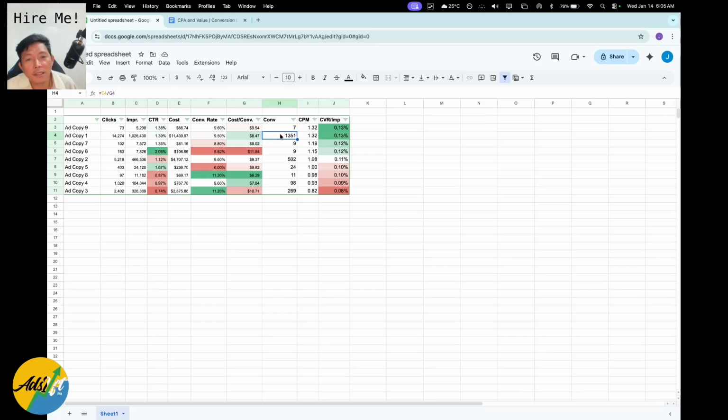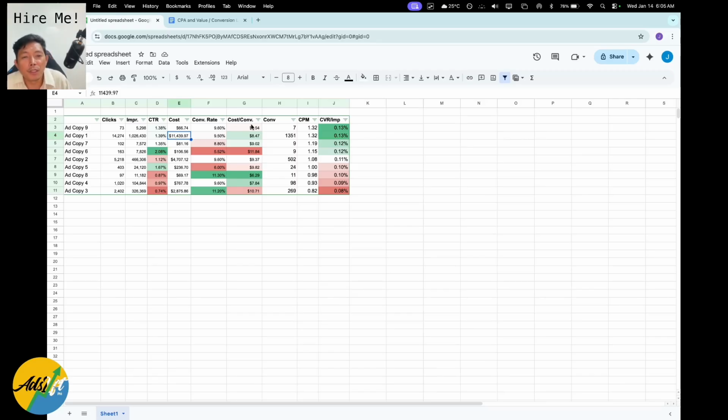So this ad copy 1 generated almost 1.4k in conversions, and the cost is 11.4k.